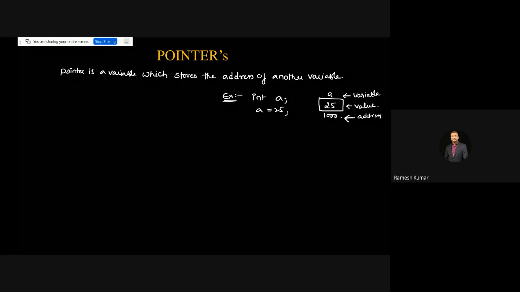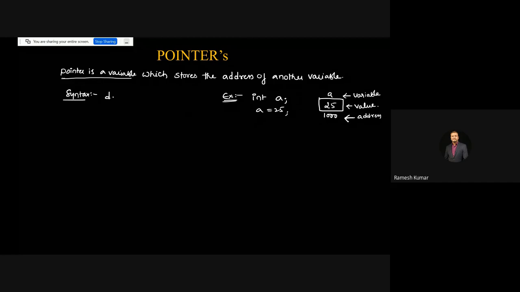Now if I want to store this address of variable a, we have to store it in a variable called a pointer variable. Now what is a pointer? A pointer is a variable which stores the address of another variable. Meaning the pointer itself is a variable. Now what is the syntax for declaration of a pointer?